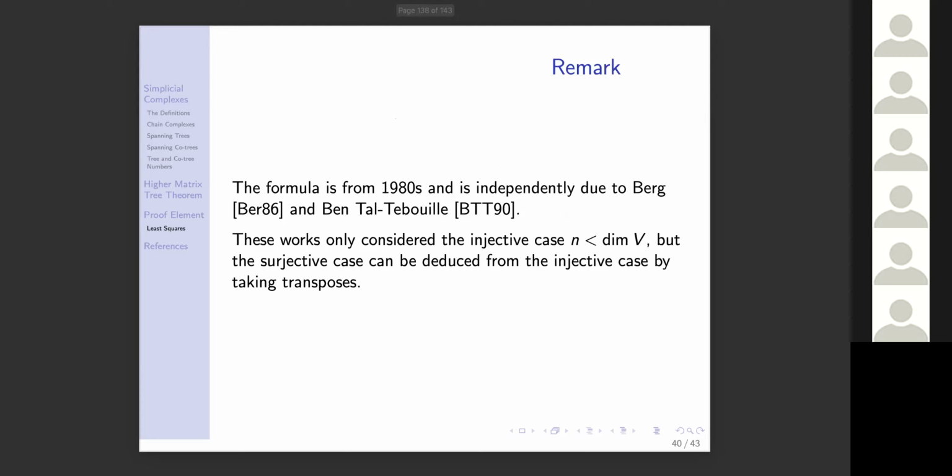The formula from the 80s only considered the injective case, which was the classical least squares, but the surjective case can be deduced from the injective one. That's what we did in our paper, by just taking transposes of everything, because transposes turn injective linear transformations into surjective ones.